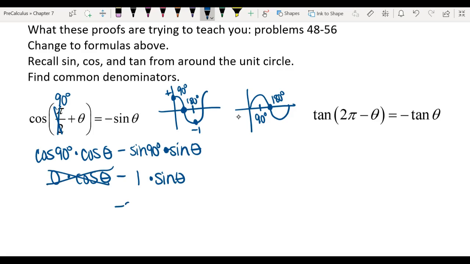So you have negative sine of theta left, which is what we wanted. The proof is your answer, yep.